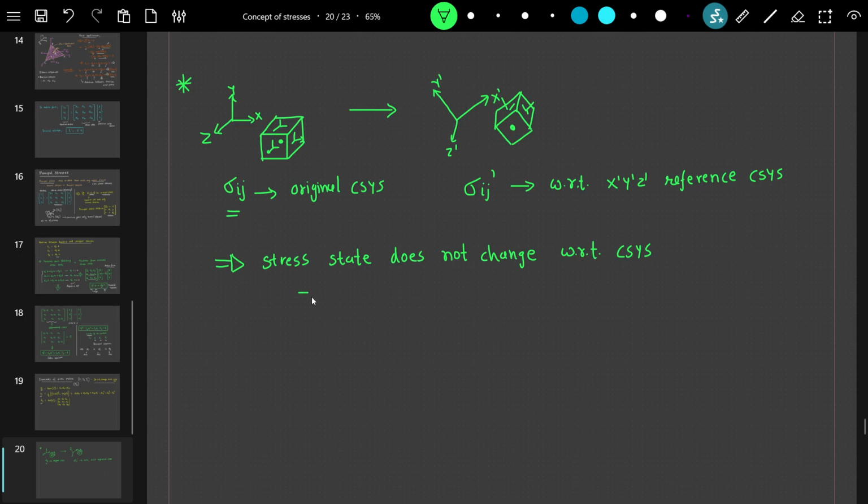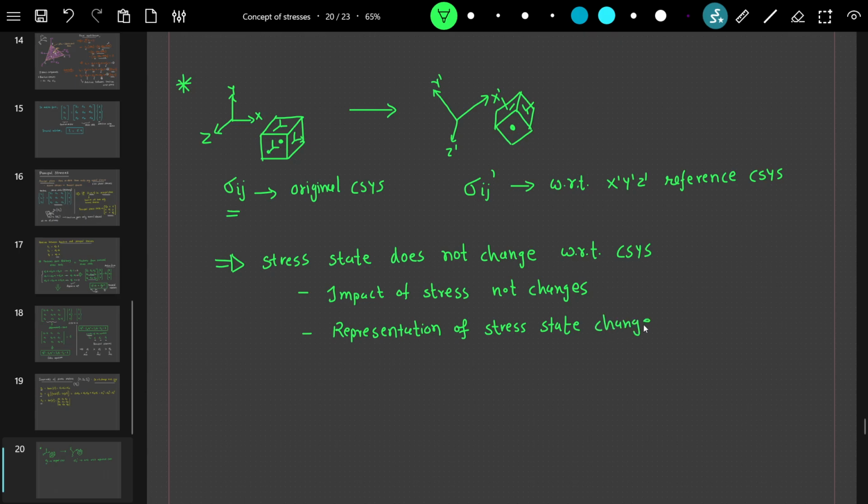What does it mean? It means that the impact of stress doesn't change, but its representation changes. The representation of the stress matrix, or representation of the stress state, changes.